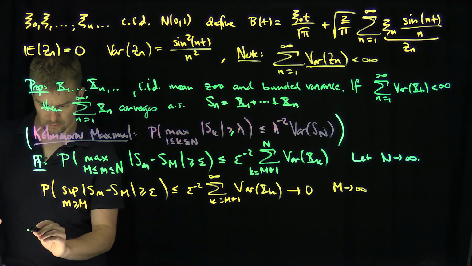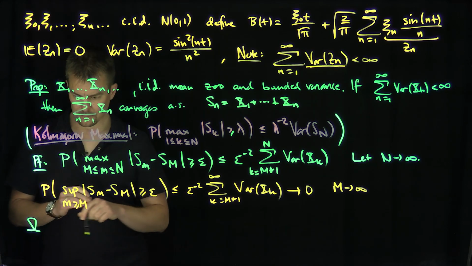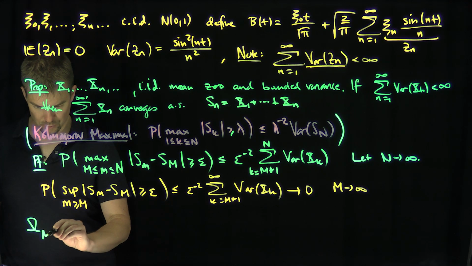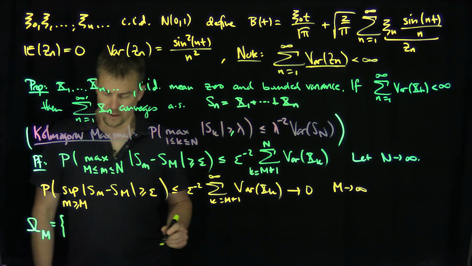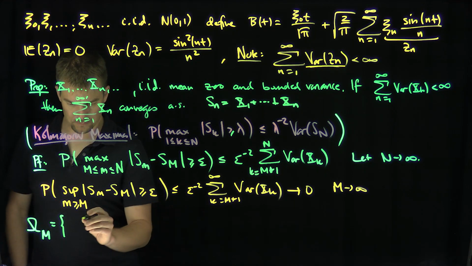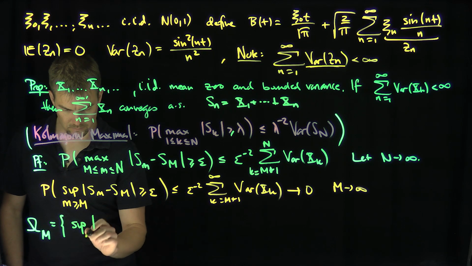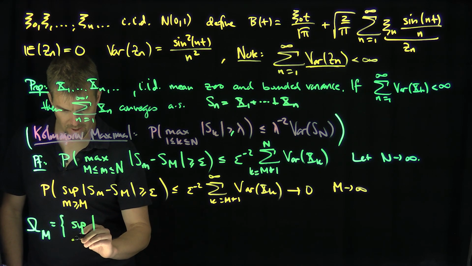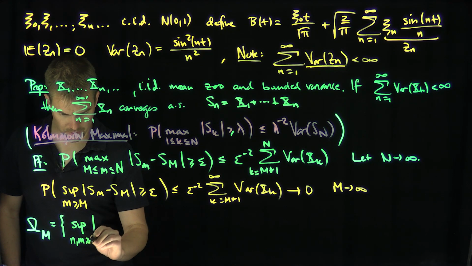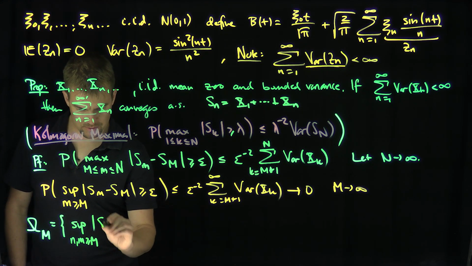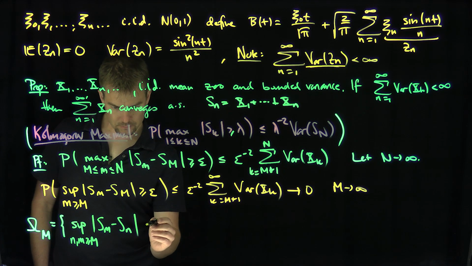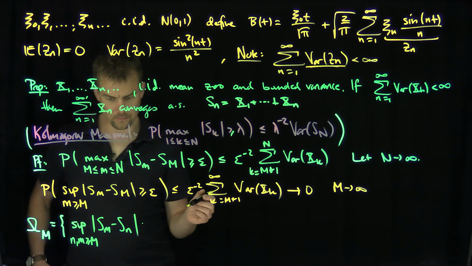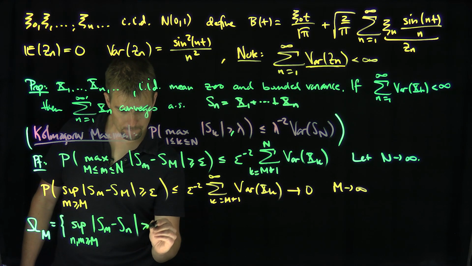Now I consider omega M, which is the event that the supremum over all n and little m bigger than or equal to M of S_m minus S_n is bigger than or equal to 2 epsilon.